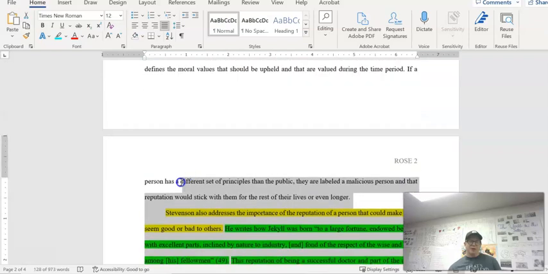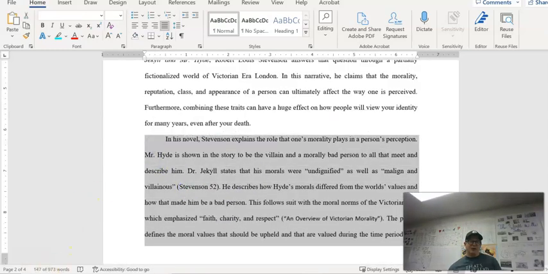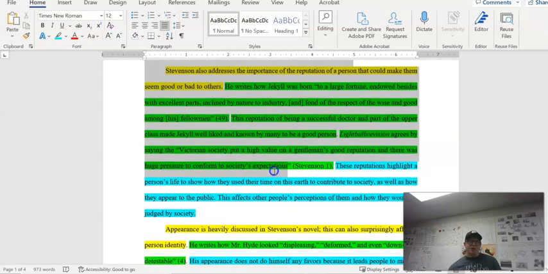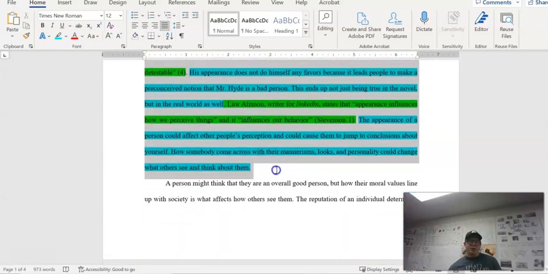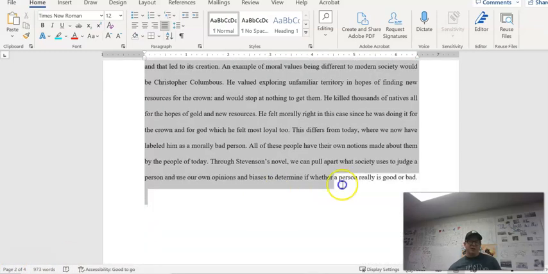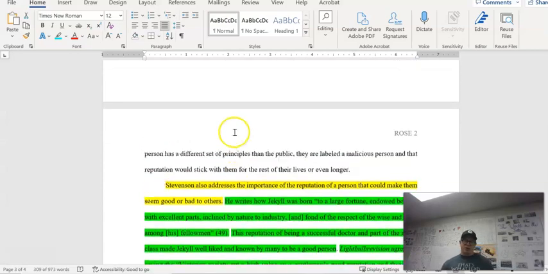This body paragraph is 153, and this body paragraph is 147. So your body paragraphs are 428 words, and your conclusion is 309. That's too much.